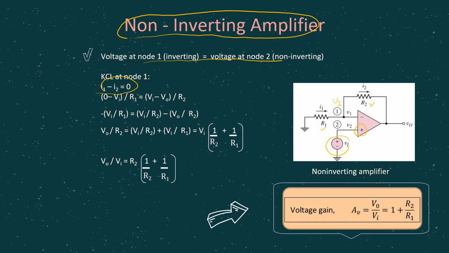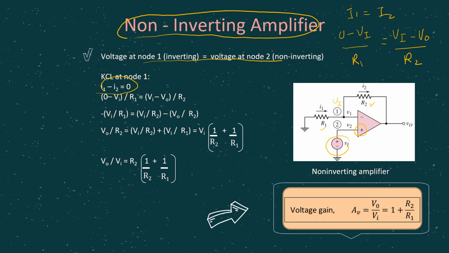So for I1 equals I2, you just find the potential difference over the resistor. So 0 minus Vi divided by R1 is I1, and I2 is Vi minus V0 divided by R2.